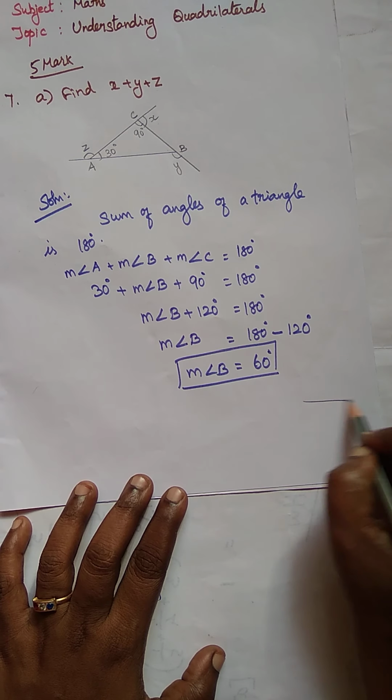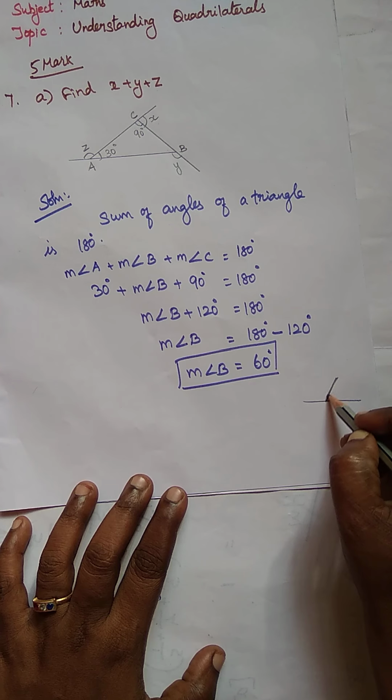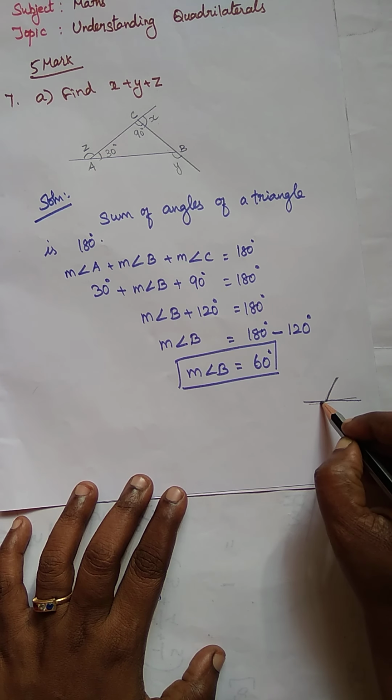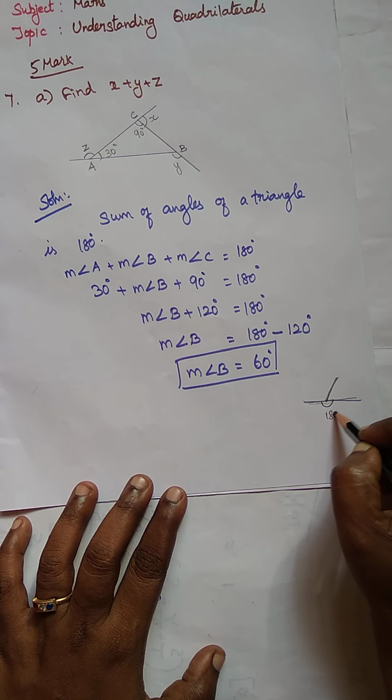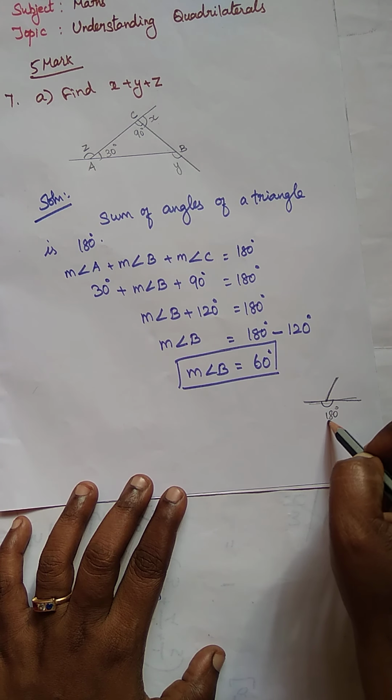It is a straight line. A straight line is divided into two parts by another line. The total angle of a straight line is 180 degrees. You all know that, the straight angle is 180 degrees.